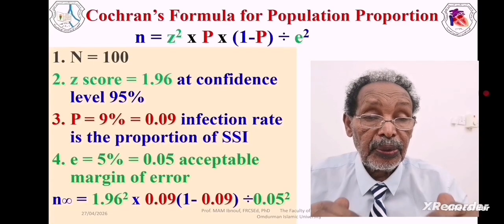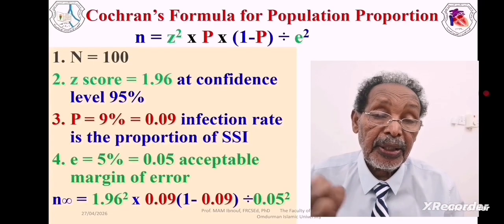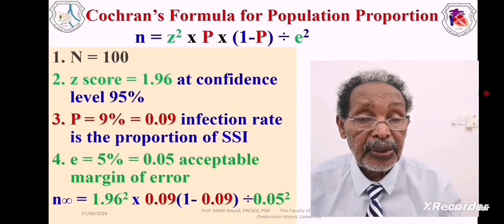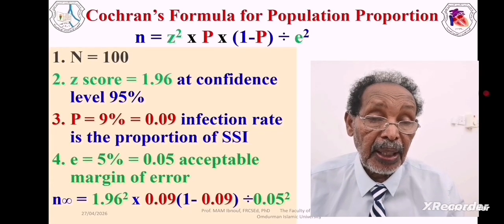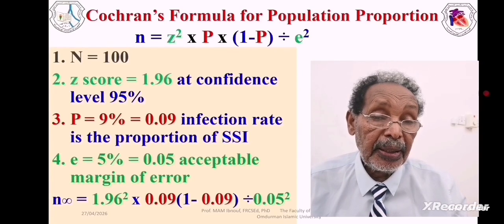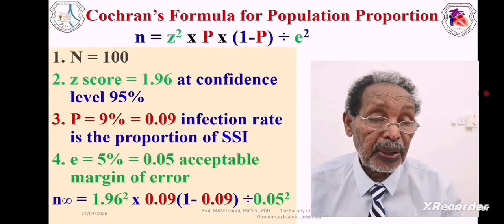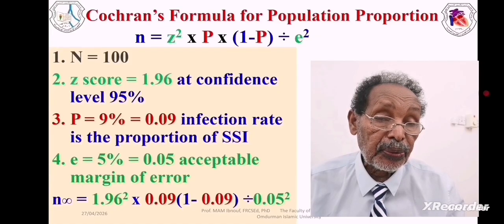So if you look at the bottom line, it is 1.96 squared multiplied by 0.9 multiplied by 1 minus 0.9 divided by the margin of error squared, which is 0.05 squared.